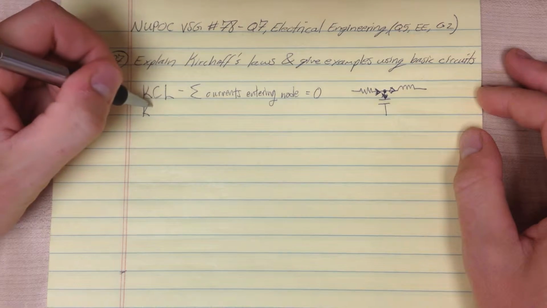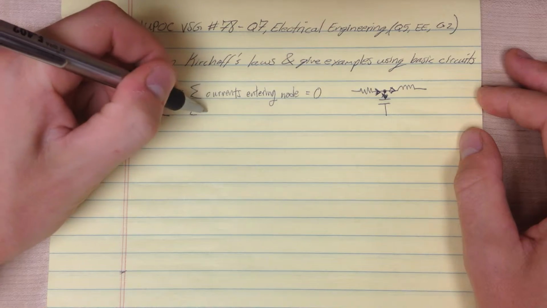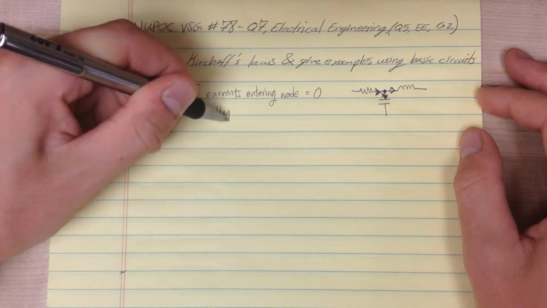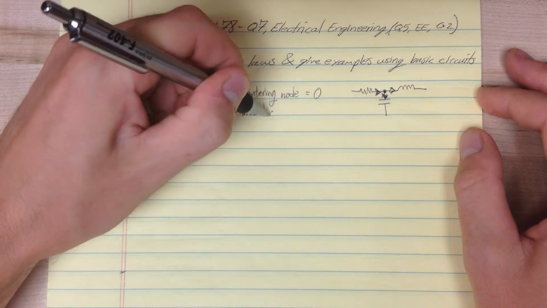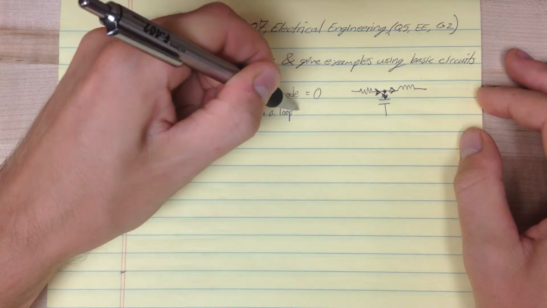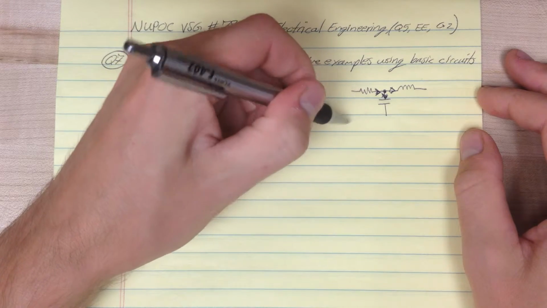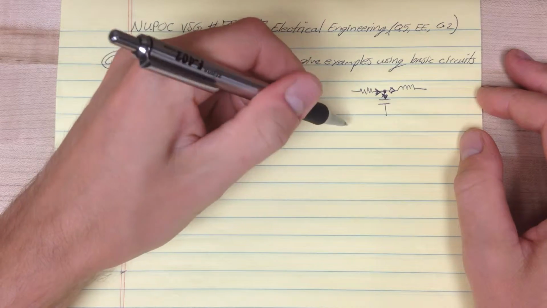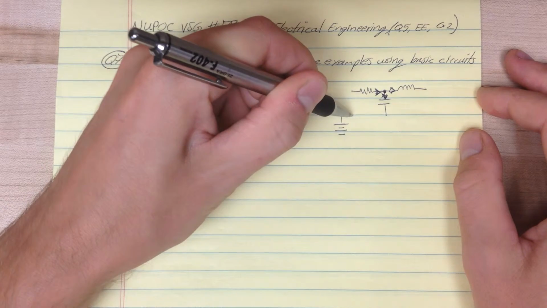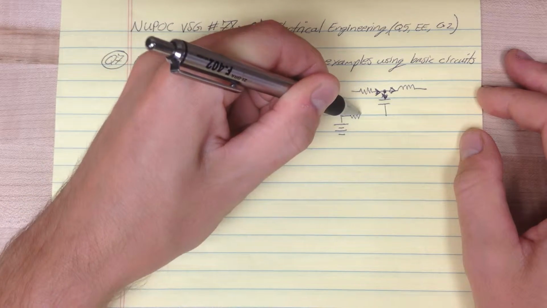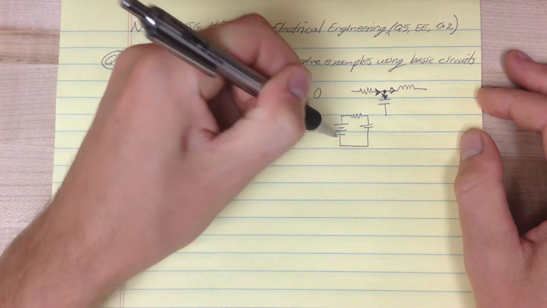And then we have Kirchhoff's voltage law, or KVL, which basically says the sum of the voltages of all the elements around a loop equals 0. So if we have some basic circuit where we have, let's say, a voltage source like this, and then maybe a resistor and a capacitor, again, it doesn't really matter.